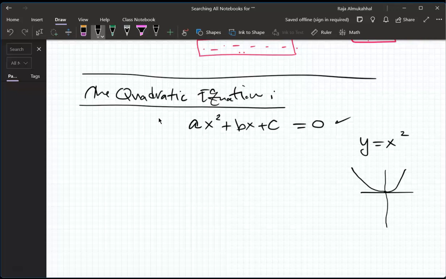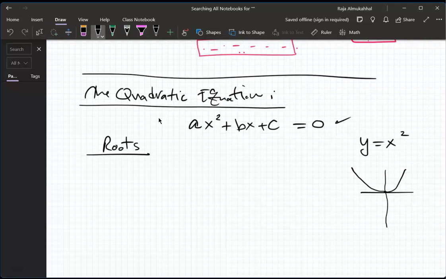Now, the most important thing that you need to know about the quadratic equation is how to find the roots of the equation. You always get two roots. This is the fundamental theorem of algebra. It basically says the degree of the polynomial is equal to the number of roots.